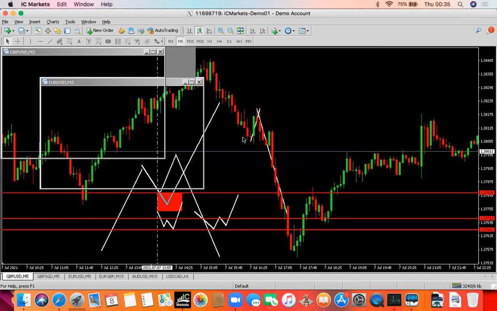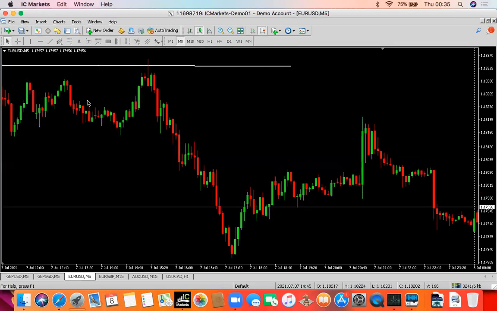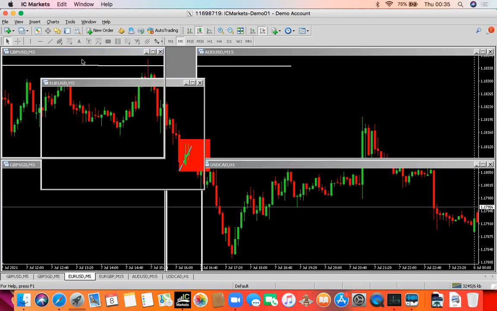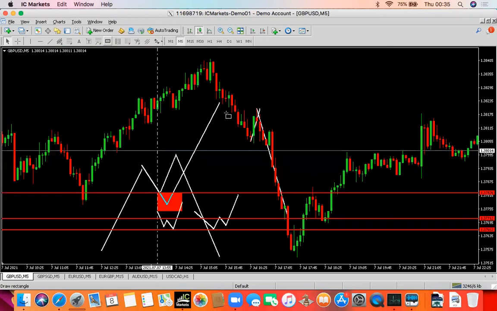On this pair, you can see the pullback isn't that strong also. So if you go on the 1 minute, now I want you to do this yourself. Go on the 1 minute, check out this spot and this on GBPUSD, and you'll see what I'm talking about.